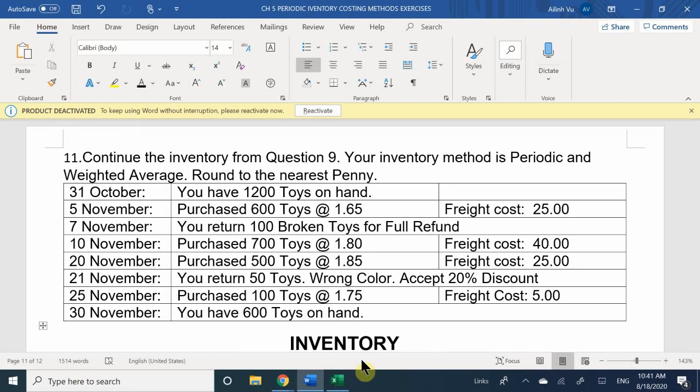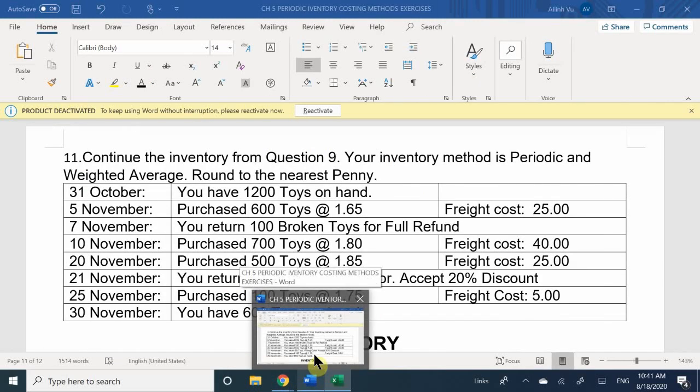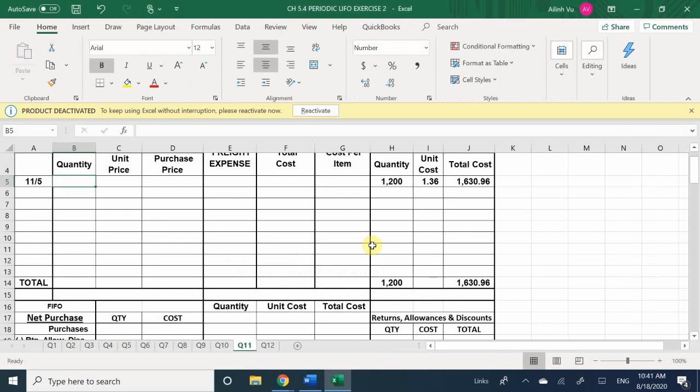600 purchase at 165. Perfect, and freight is 25. So on November 5th, we purchased 600 at $1.65.